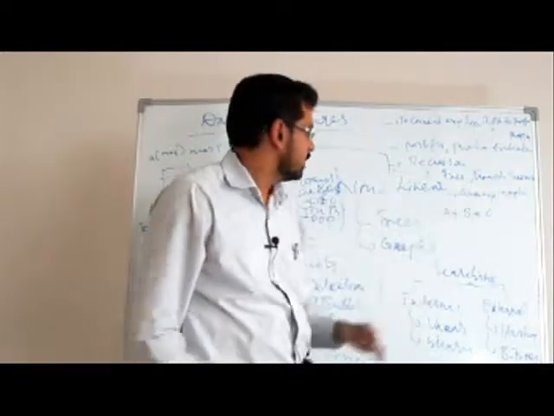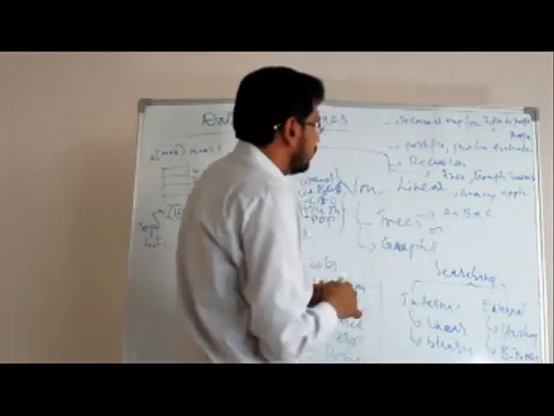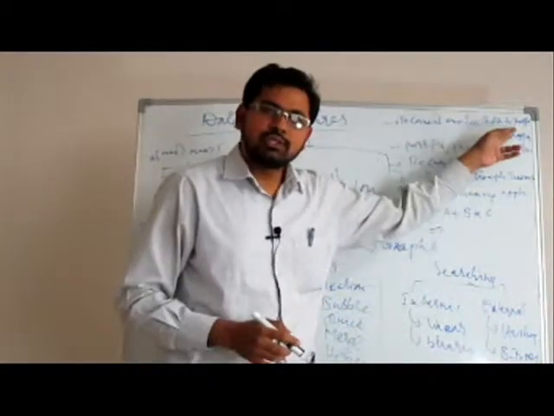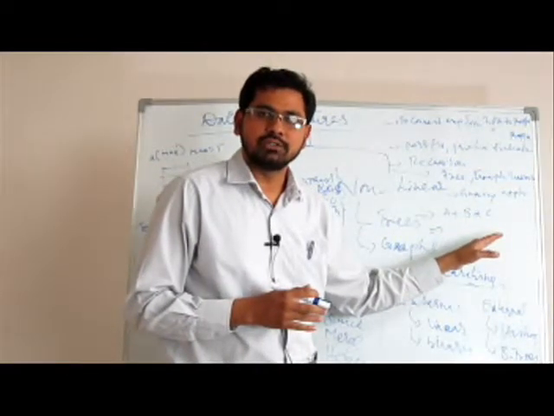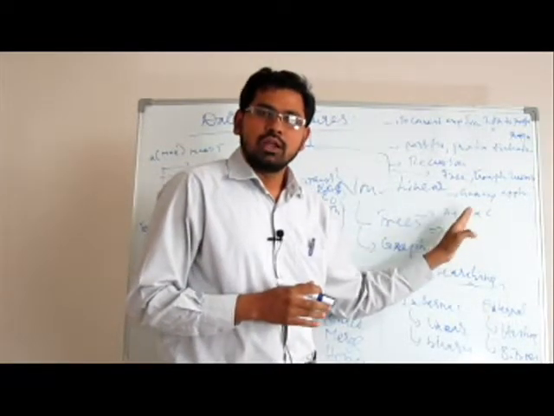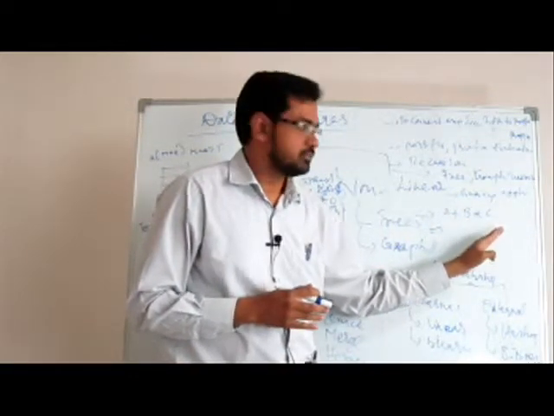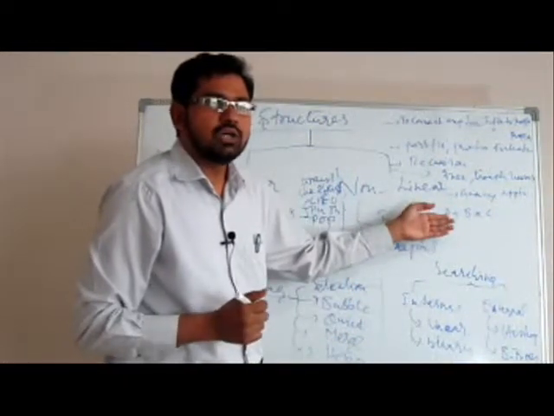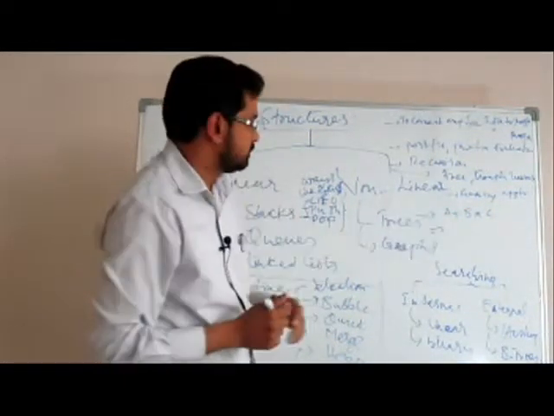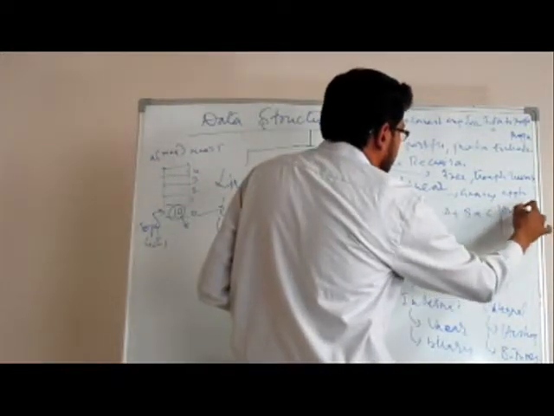What do you mean by postfix form? In postfix form, we write the operands followed by the operator: left operand, right operand, then the operator. Let us say, for example, you are given this particular expression, how do you convert it into postfix form? When converting, you need to follow the order of precedence.